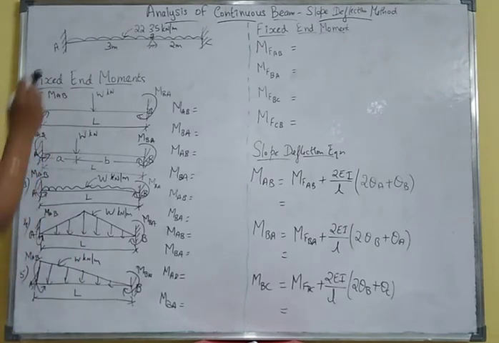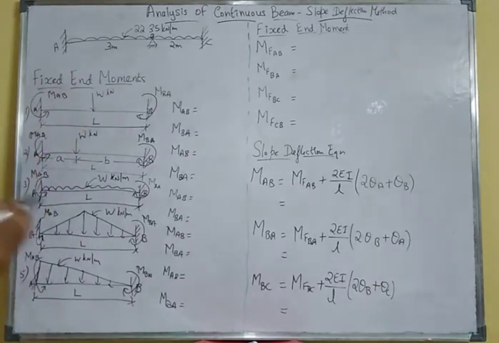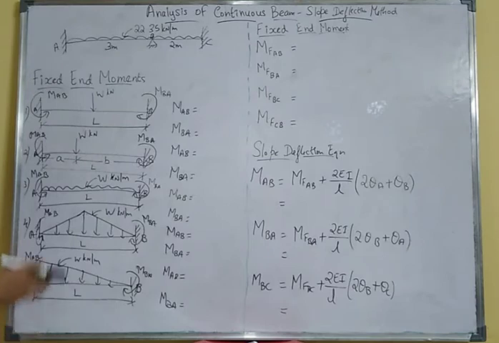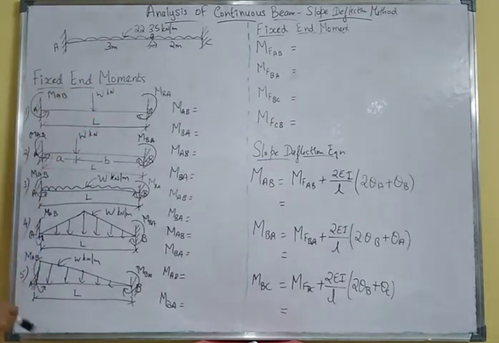So for that, this is your continuous beam. For every solution, to analyze, first you should know how to find out the fixed end moments. These are the general fixed end moments that we are going to consider in the problem. First, suppose there is only a single point load acting on the beam exactly at the center.